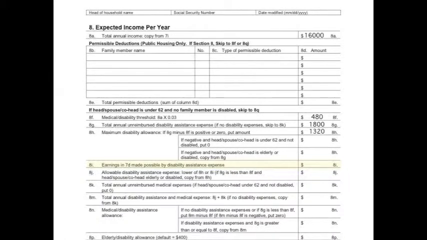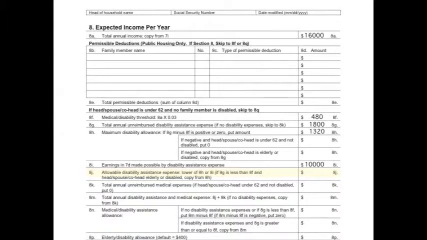On 8I, this is asking for the earnings that are made possible by the expense. Well, John's daughter's the one who's going to work, and for her to go to work, that is what is enabling that expense. So her wages is $10,000. On 8I, write in $10,000. 8J is our allowable disability expense, and the form even tells us to take the lower of 8H or 8I.